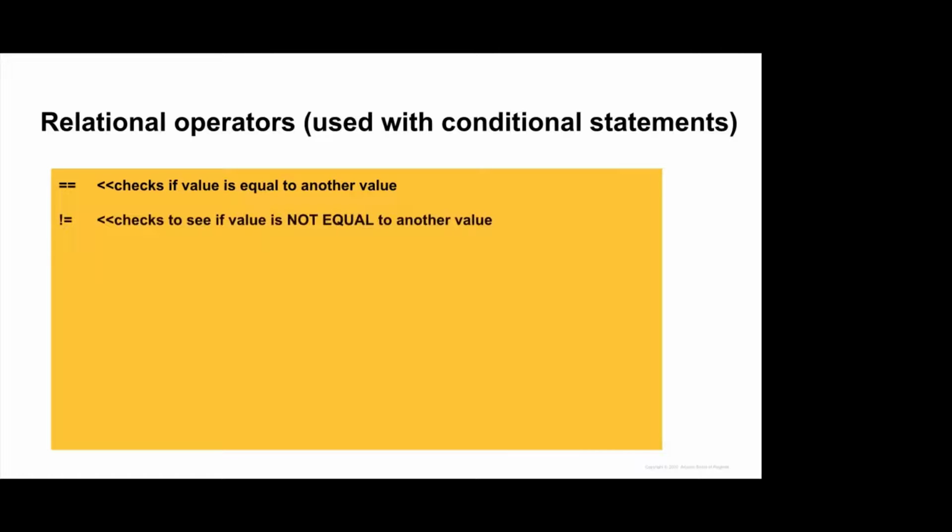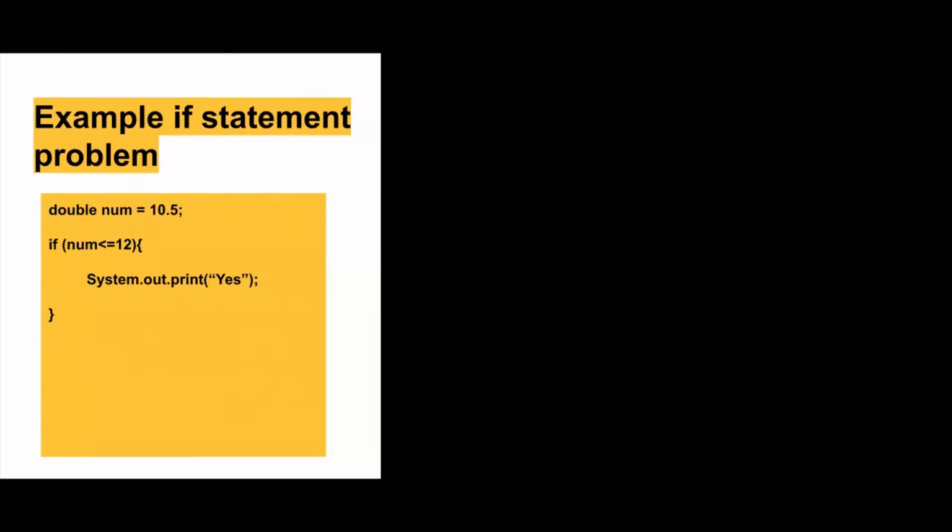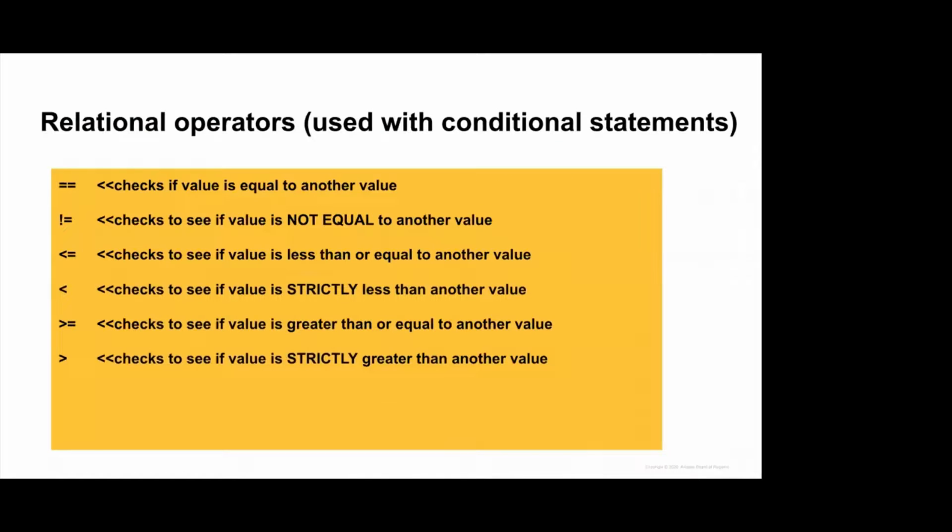And we have the sign that checks not equal to another value, and less than, less than or equal to, greater than, greater than or equal to. So it's pretty straightforward. It's just like the normal operators.